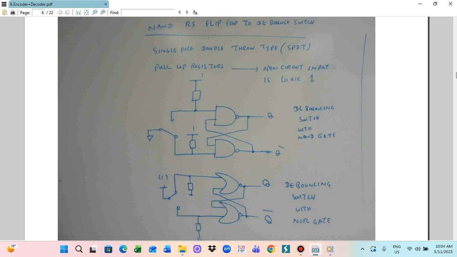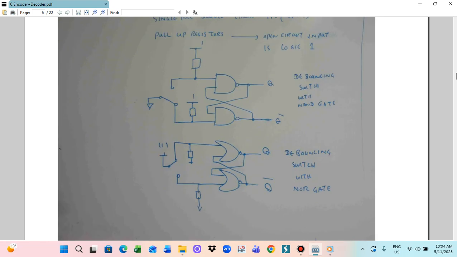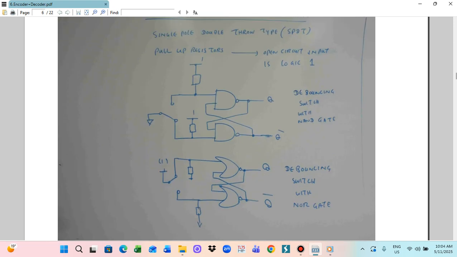Open circuit voltage. So open circuit inputs are logic 1. So this is what we utilize for the SR flip-flop. So this is for the NAND gate.